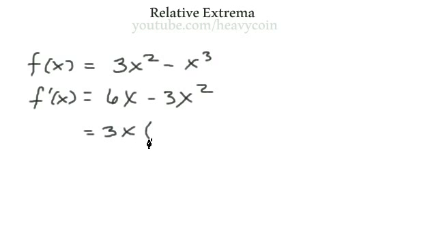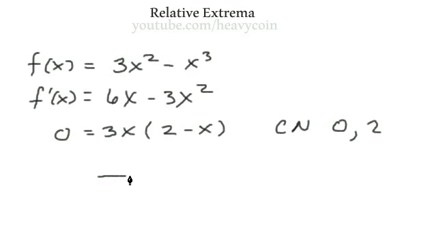We always try to factor things out here, and that's going to leave us with 2 minus x. Setting it equal to 0 and looking at the solutions, our critical numbers are going to be 0 and 2.